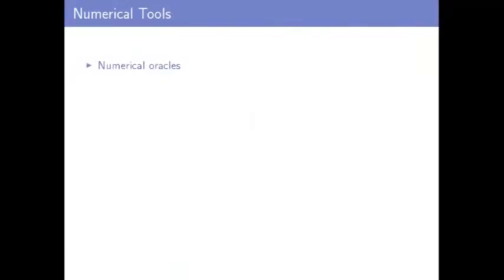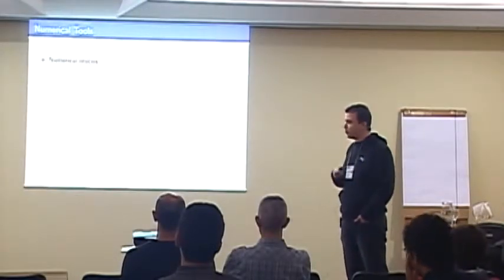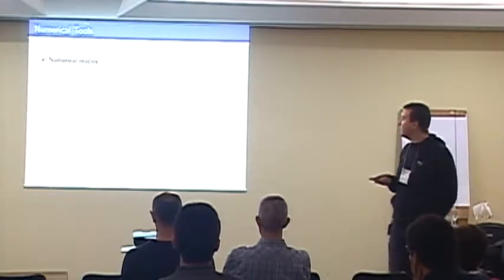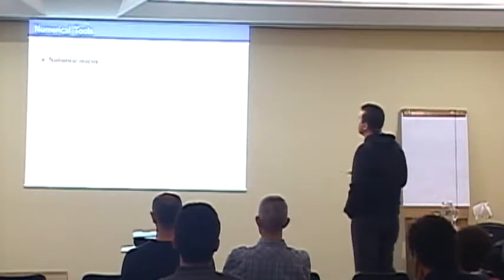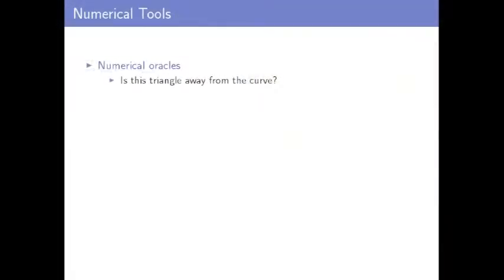And we need some numerical tools to build numerical oracles, and these numerical oracles must answer the following questions. The first one: is this triangle away from the curve? The second one: is the curve approximately flat inside the triangle?